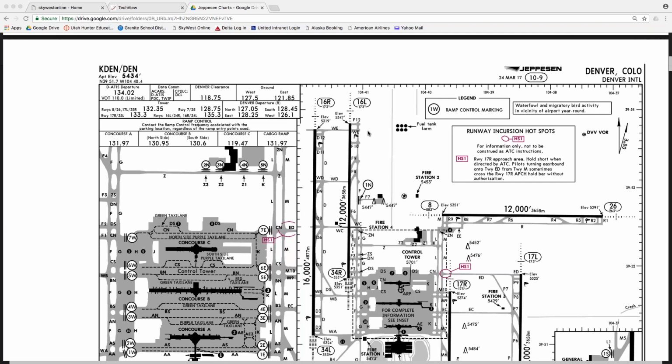On the METAR. We're figuring out current ISA deviation, right? That's the most current temperature we got. So it is 18 degrees C at Denver currently.